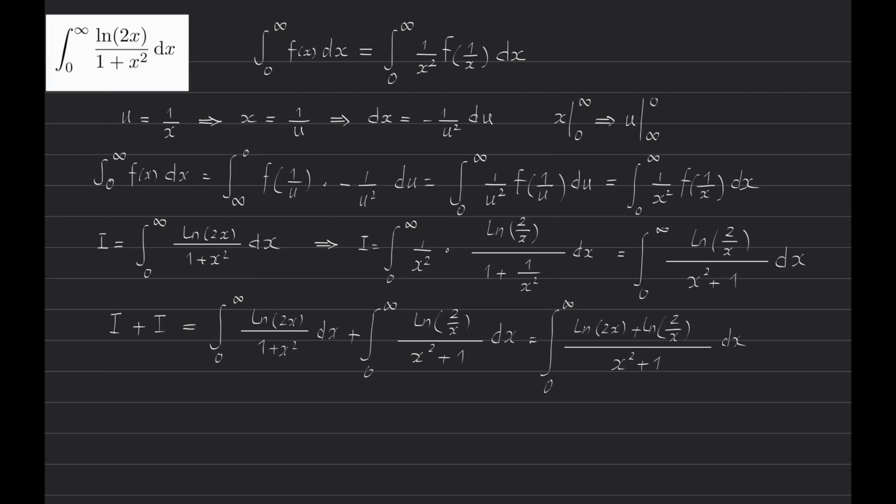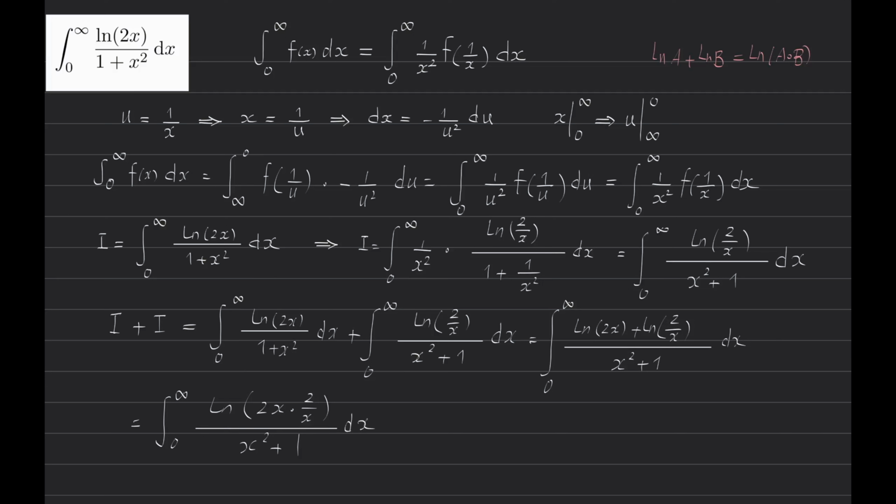Okay, but we have a formula that ln of a plus ln of b can be written as ln of a times b. So I will use this formula in the numerator here. So this becomes the integral from 0 to infinity of ln of 2x multiplied by 2 over x, divided by x squared plus 1 dx.